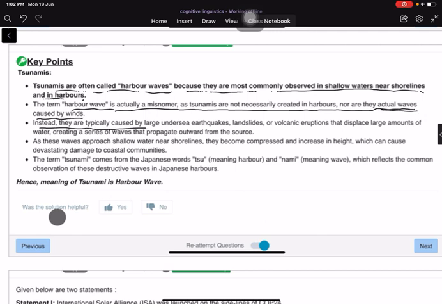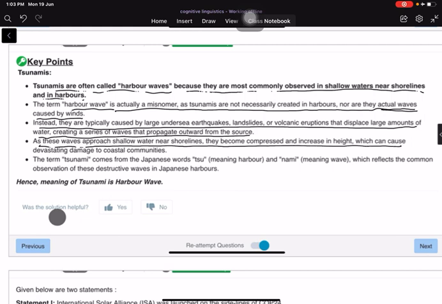Instead, they are typically caused by large undersea earthquakes, landslides, or volcanic eruptions that displace large amounts of water, creating a series of waves that propagate outward from the source. As these waves approach shallow water near shorelines, they become compressed and increase in height, which can cause devastating damage to coastal communities. The term tsunami comes from the Japanese words tsu, meaning harbor, and nami, meaning wave, which reflects the common observation of these destructive waves in Japanese harbors.